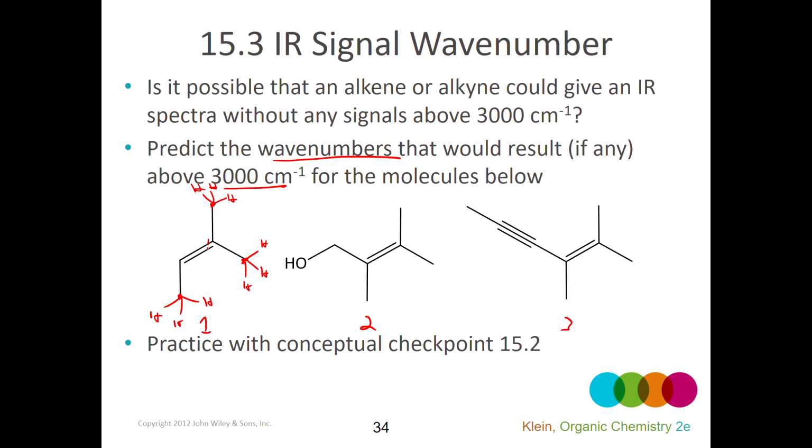This sp2 hybridized carbon does not have a hydrogen attached, so it will not produce a signal above 3000. It's not the carbon itself, it's the CH bond. So when I have a CH bond on an sp2 hybridized carbon, that one should be above 3000. The other ones will be around 2900. All the other CH bonds for this first structure.